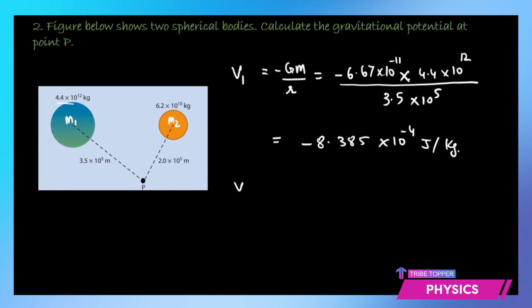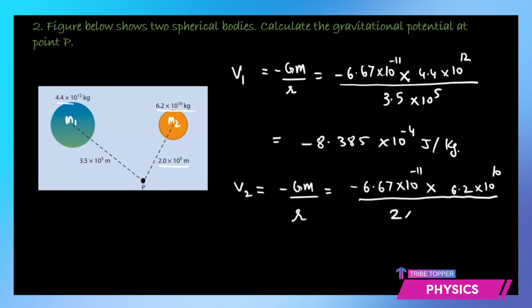And the second potential V2, using again the same formula, minus GM by r, but with different values for mass and distance. So minus 6.67 times 10 raised to negative 11, the same value of capital G, times the other mass, 6.2 into 10 raised to the power 10 as given here, and this distance is 2.0 into 10 raised to the power 5.